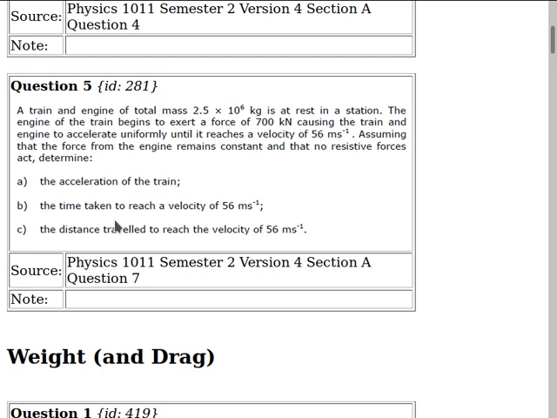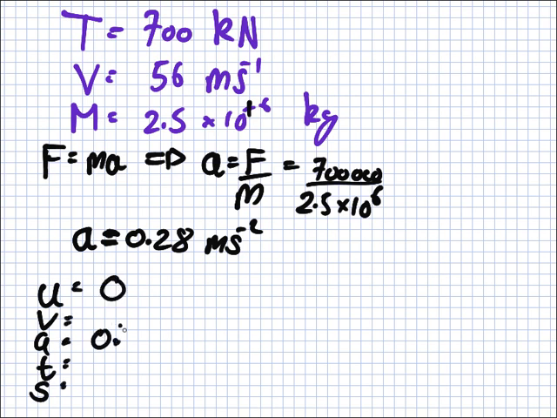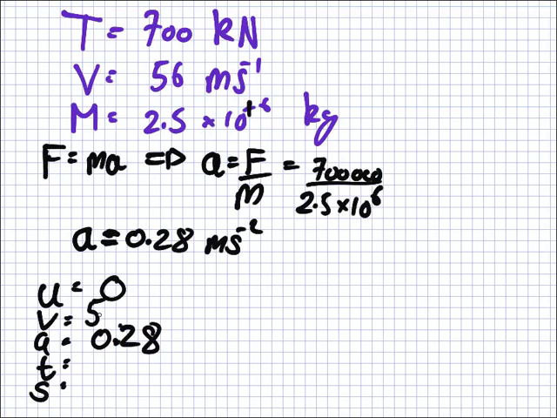The time taken, well, that's just going to be UVATS. A is 0.28, V is 56. Give us the T. V equals U plus AT.